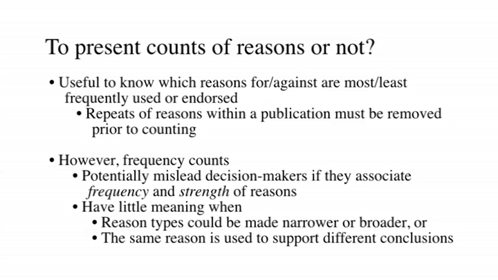One problem with counting is that counts of reasons potentially mislead decision makers if they tend to think that the most frequently used reasons are the strongest ones. We don't know if this is the case, but if it turns out to be, then extreme caution should be exercised when writing systematic reviews of reasons for decision makers, and possibly this frequency data should be omitted.